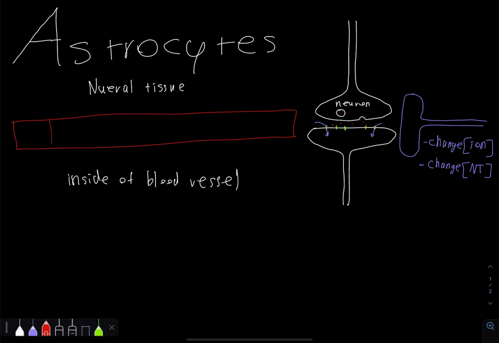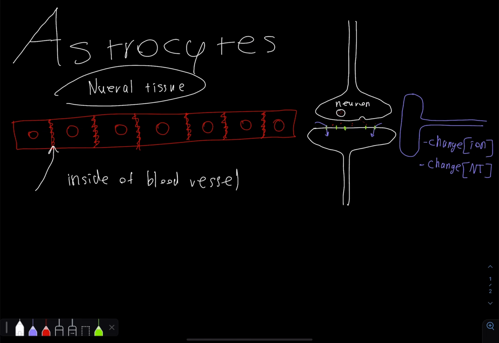So you got these endothelial cells that are sitting here, and each of them has a nucleus, and they're held together by these tight junctions that I'm exaggerating here. These are very tight junctions between them. The purpose of the tight junction between these endothelial cells is so that substances do not enter into the central nervous system that we don't want.